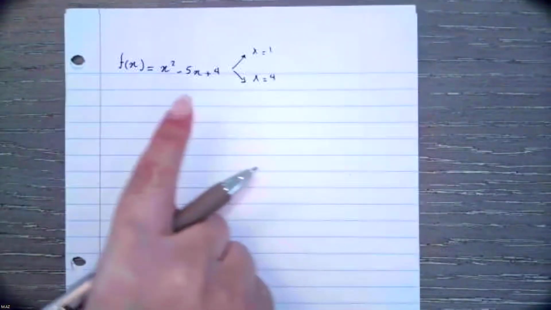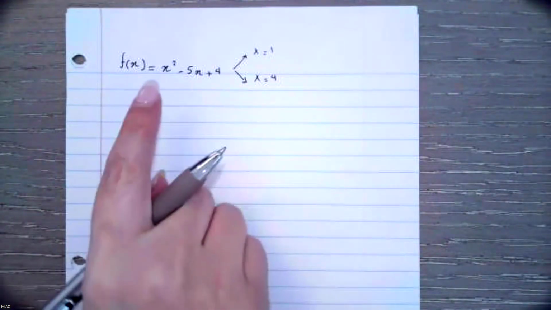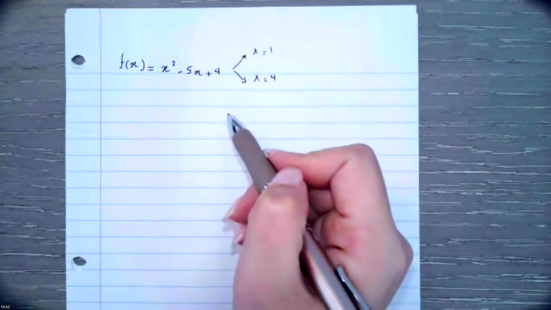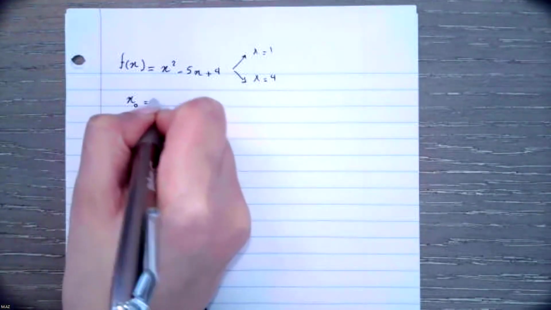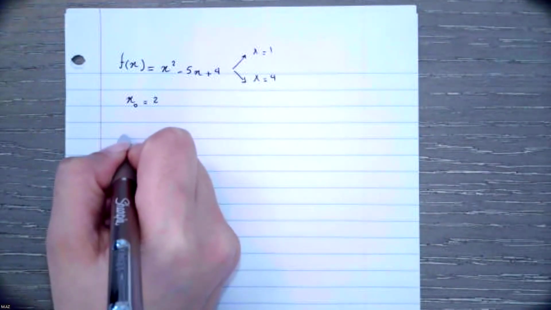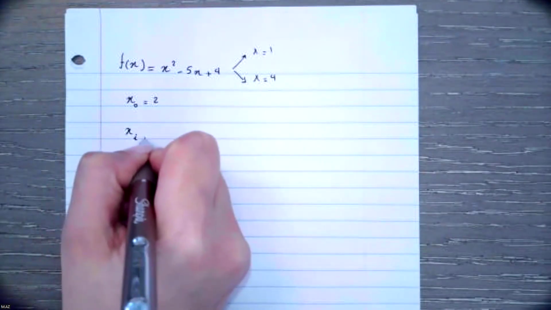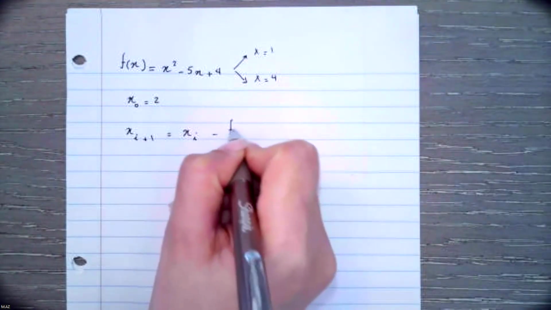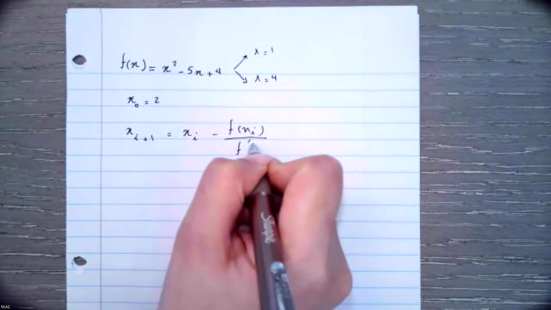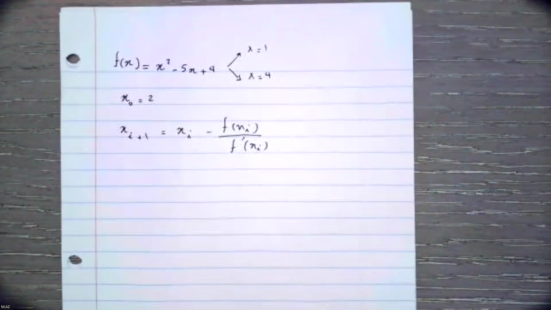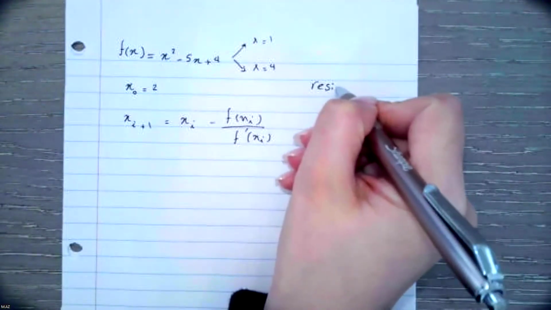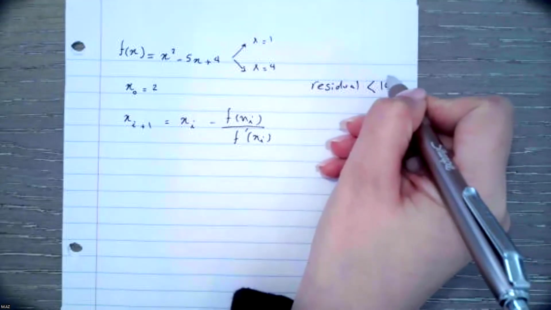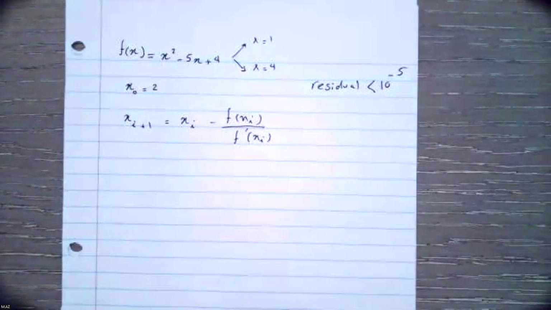The problem we have to solve is to find these roots based on the Newton-Raphson method, and the initial guess is given as 2. This is the Newton-Raphson method formula, with f prime x sub i. The tolerance for the residual is given as 10 to the negative 5.